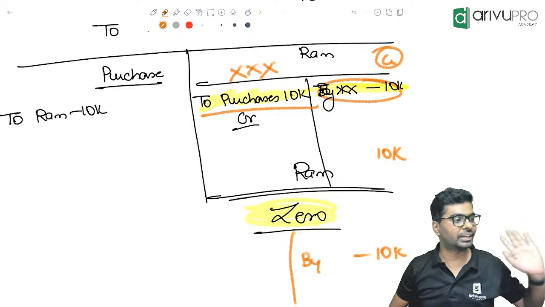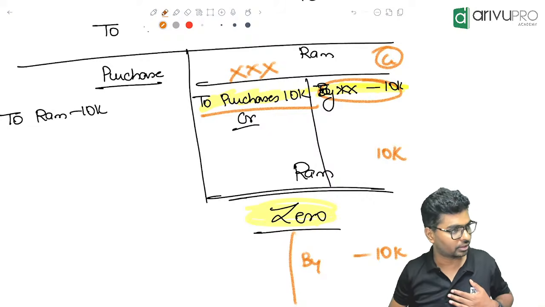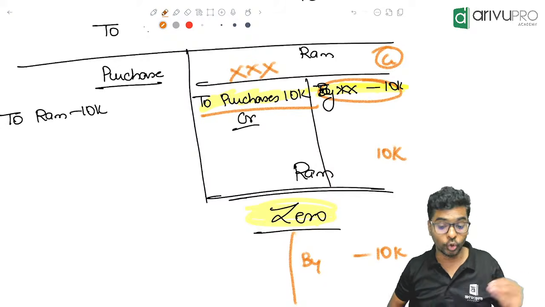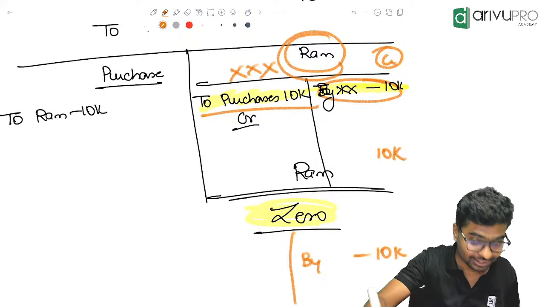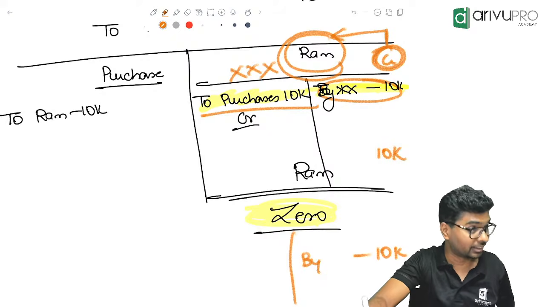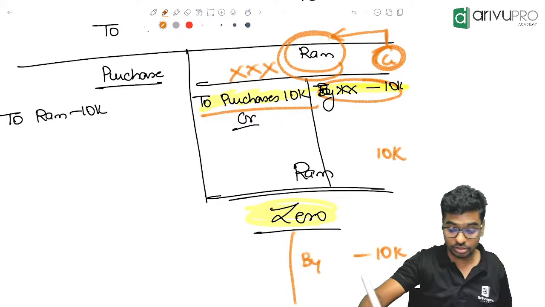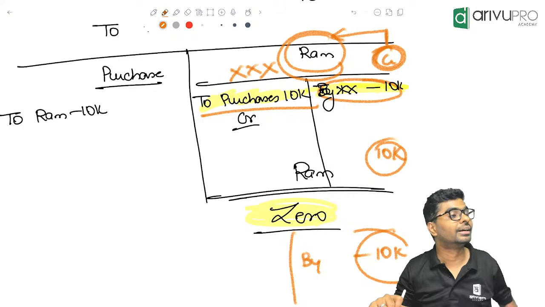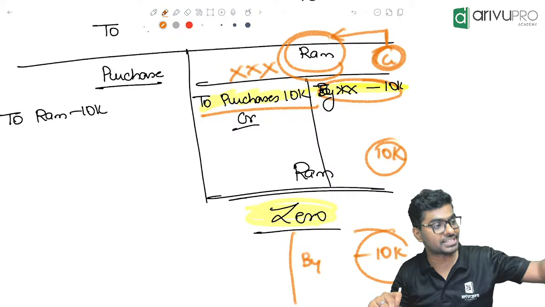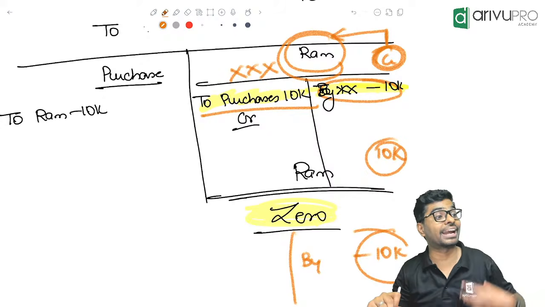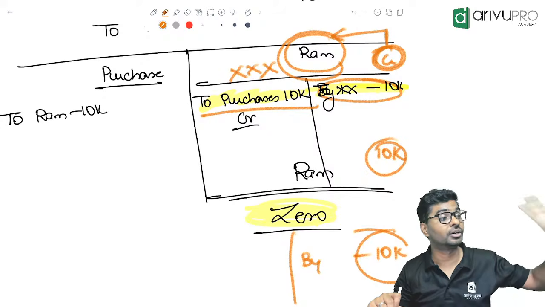Are you clear? So in your rectification, you will credit whose account, by how much? 10k for the previous error, 10k for the actual effect.